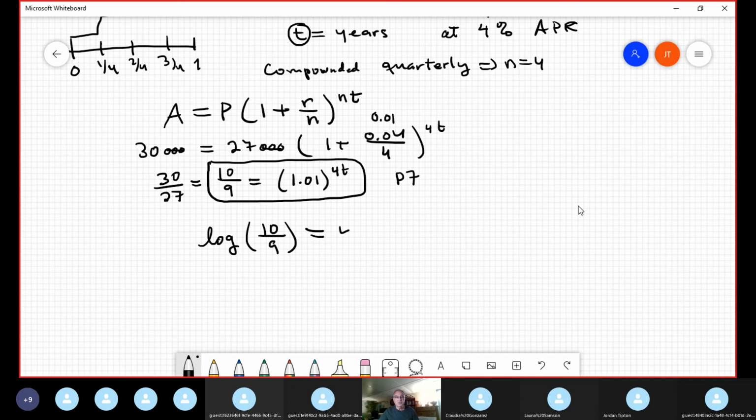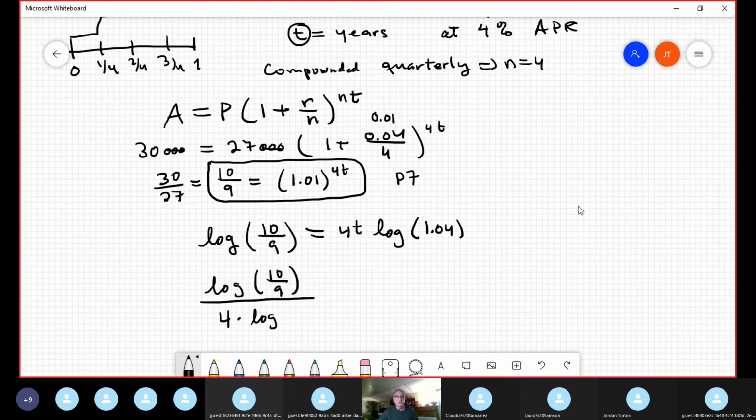I know that 4t comes to the front as a factor. And finally, solve for t. Divide both sides by 4 log 1.01. The answer is log of 10 over 9 divided by 4 times log 1.01, in years.